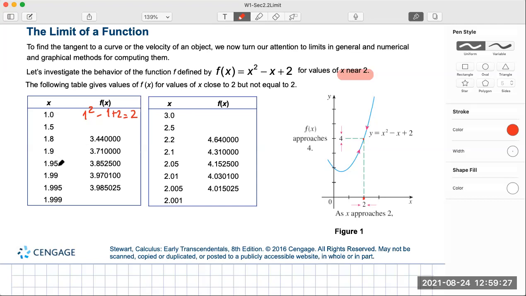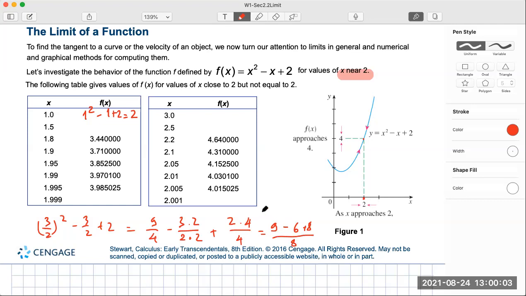Use your calculator to compute the value when x is equal to 1.5 here. What is it? 2.75. Good job.